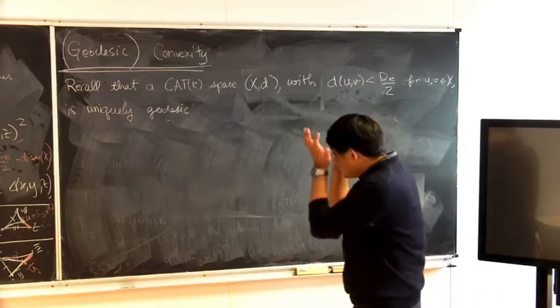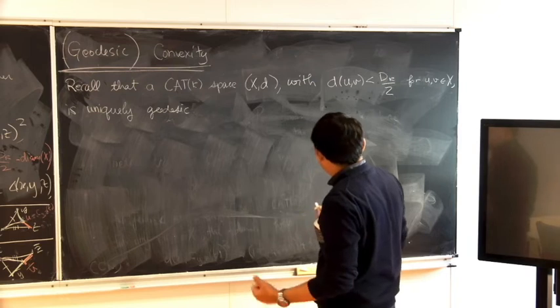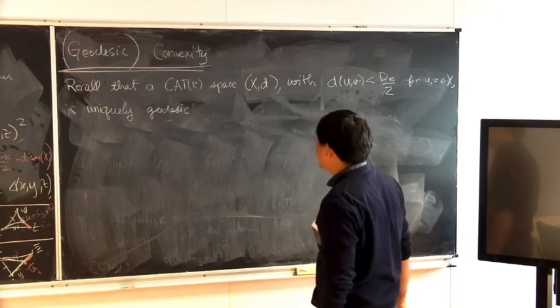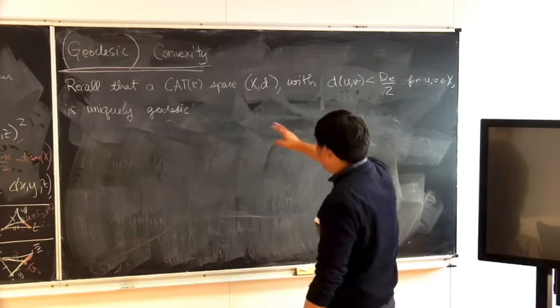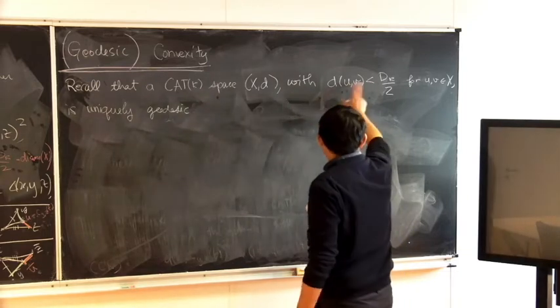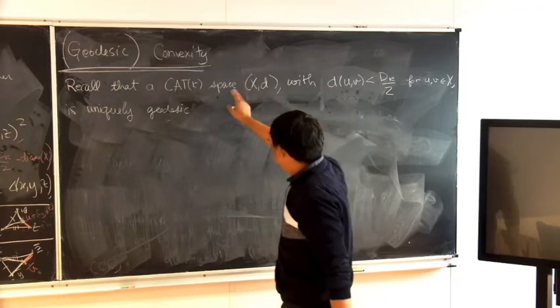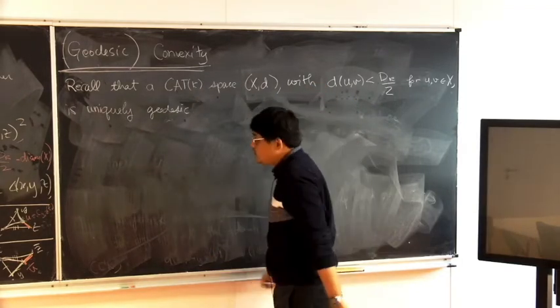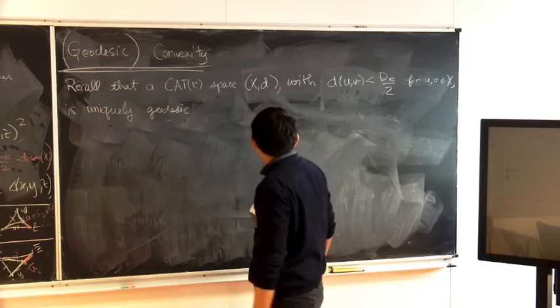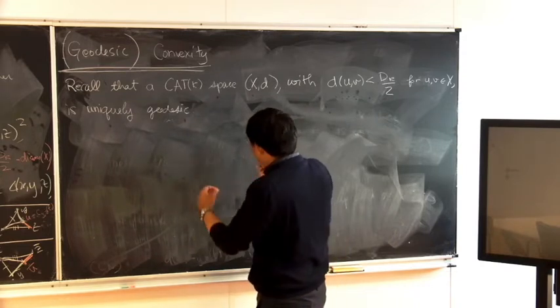Okay, so that can be a little different. So if X is a cat-kappa space and has this property, then X is uniquely geodesic. That means between 2 points, you have only one geodesic connecting them.